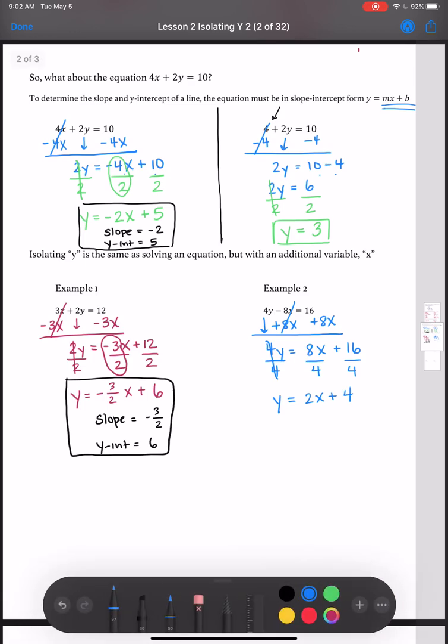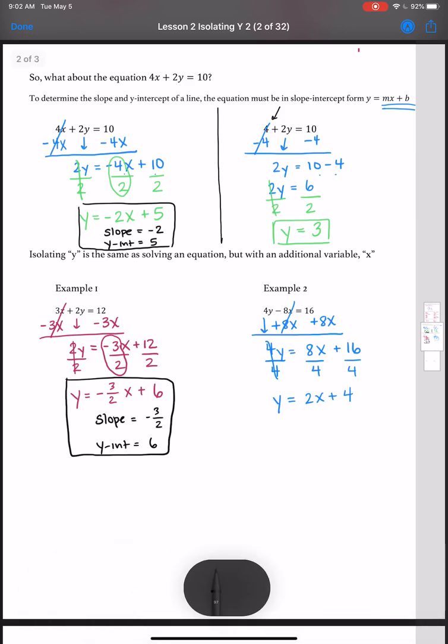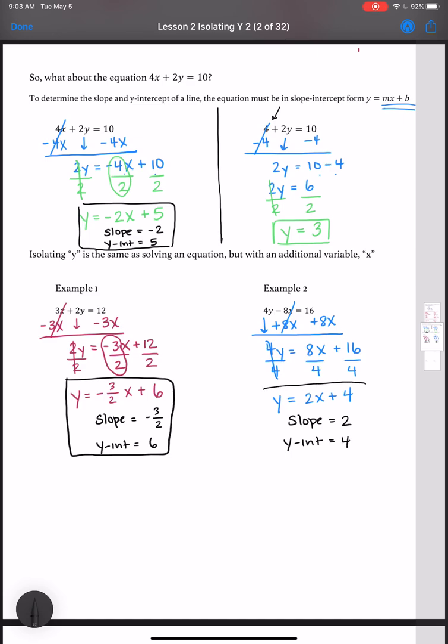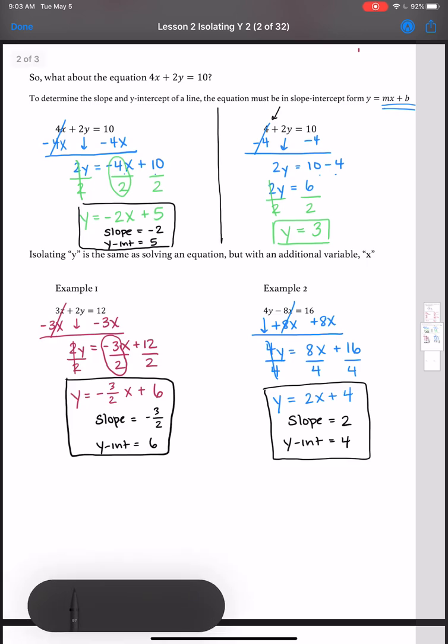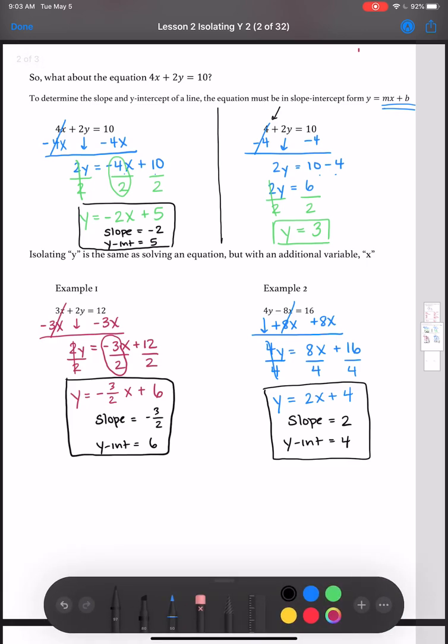It's nice when it works out like that. No fractions. So the slope is 2. And the y-intercept is 4. All right. So 4 more examples, and then that'll be it.